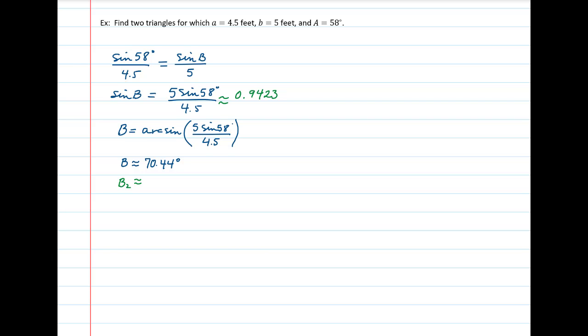Now think about when sine is positive. Sine is positive in the first and second quadrants, right? We know this from before, so I'm going to have another solution here.